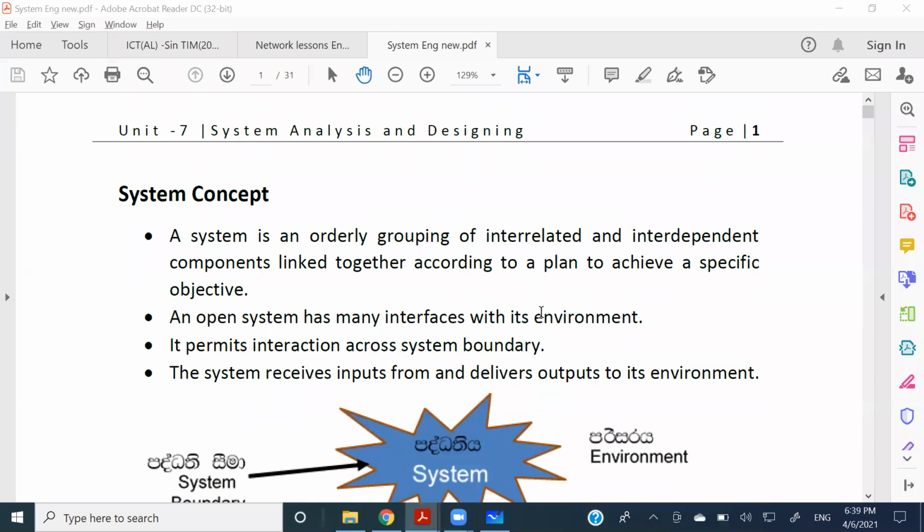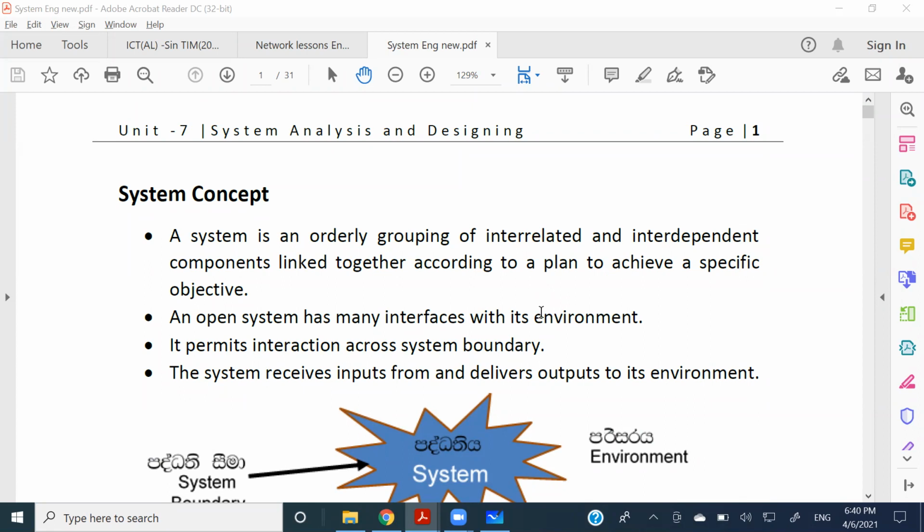Right. So now this is system analysis and designing. This is the lesson, the 7th one, the 7th unit. The 7th unit is about what a system is and how we are going to develop a system. So what are the things that we need to consider when we are developing a system, and what are the ways that we can develop it?